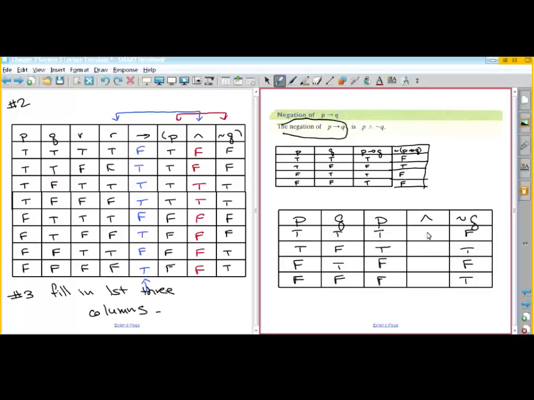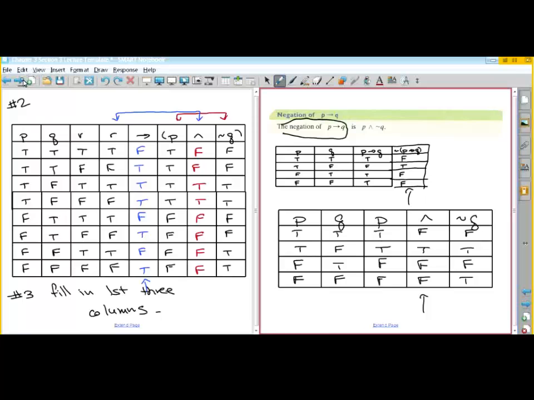False doesn't make it true. So this one is true, and all the others are false. You compare this column with that column, and you see false, true, false, false, and I have false, true, false, false. So those 2 statements are equivalent.